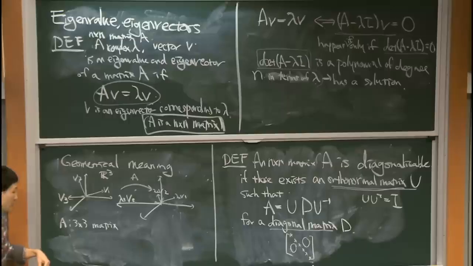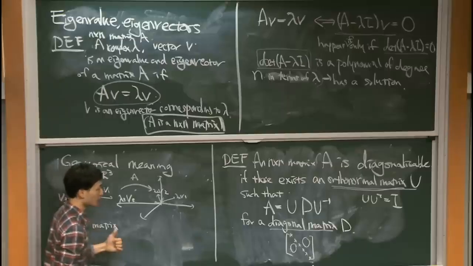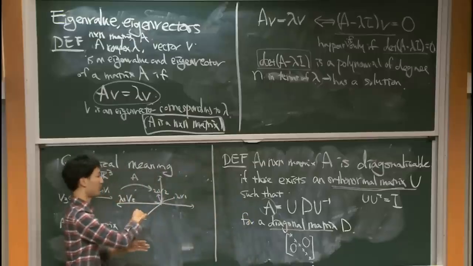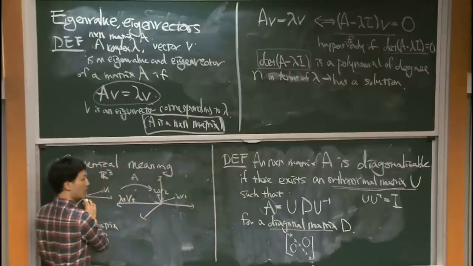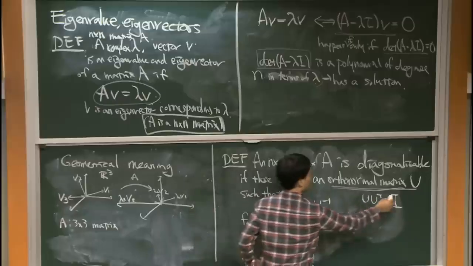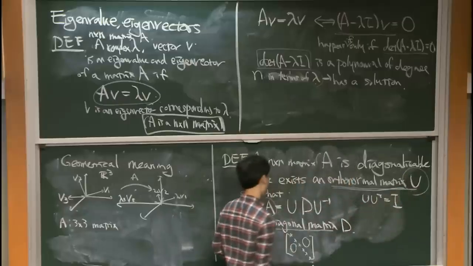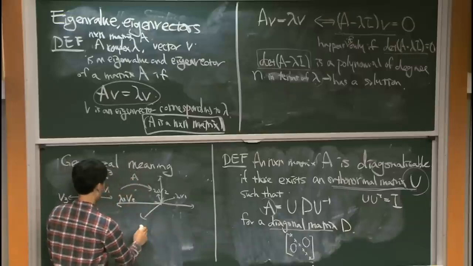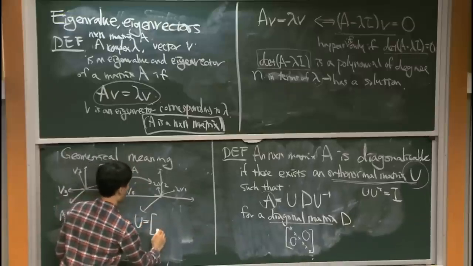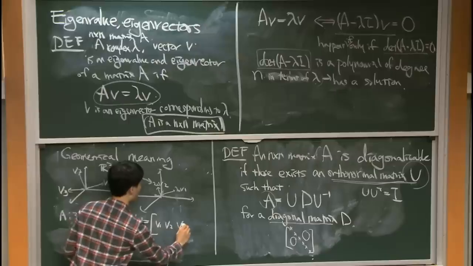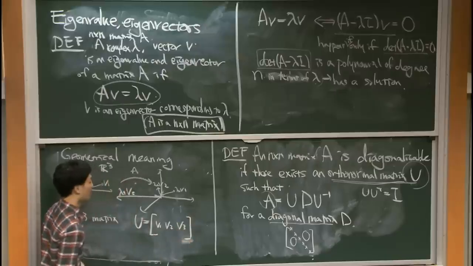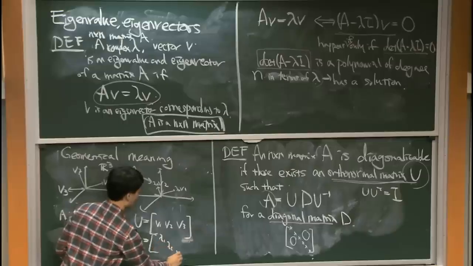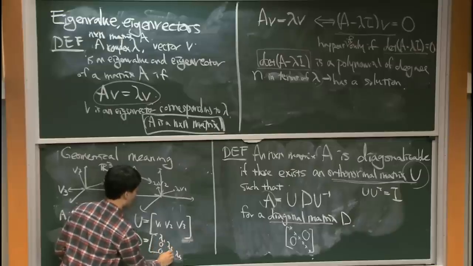So for our setting, the really good matrices are the matrices which can be broken down into these directions. And those directions are defined by this U, and D defines how much it will scale. So in this case, U will be our v1, v2, v3. And D will be our lambda 1, lambda 2, lambda 3, with all other entries 0. Okay.